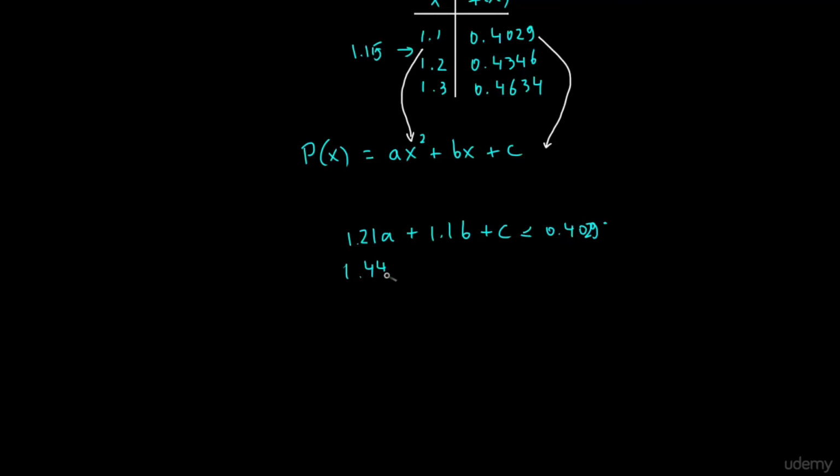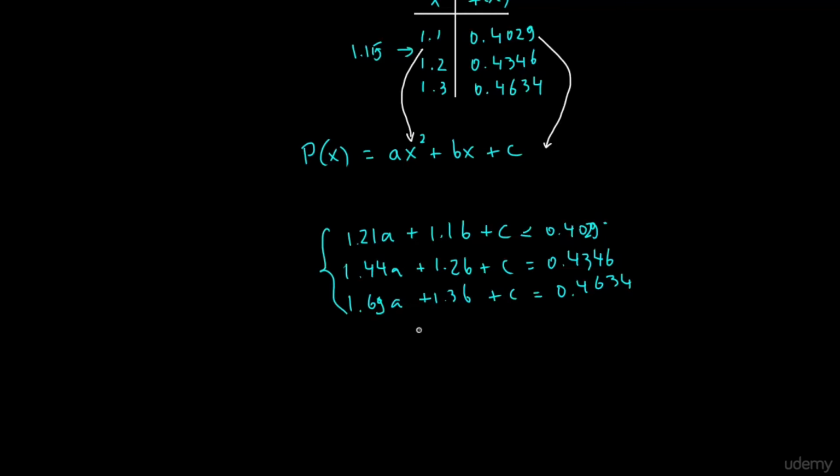So we get 1.44a plus 1.2b plus c equal to 0.4346, and 1.69a plus 1.3b plus c equal to 0.4634. And so you solve the system of equations and you get the values of a, b, and c. So you get a equal to minus 0.145.